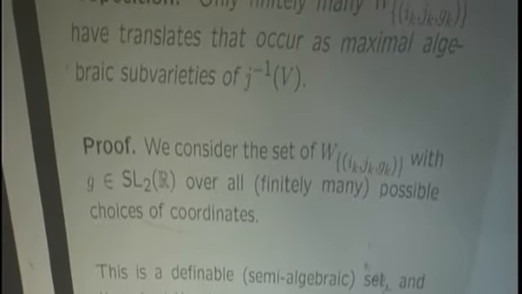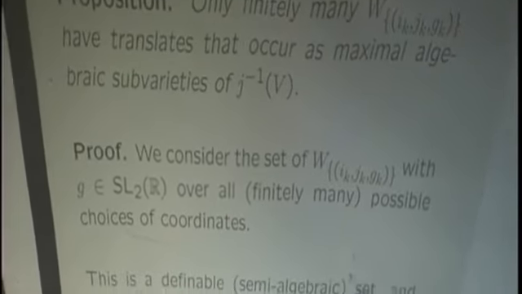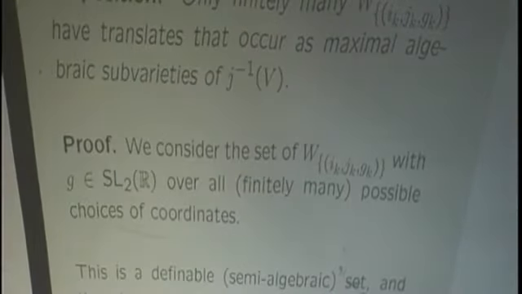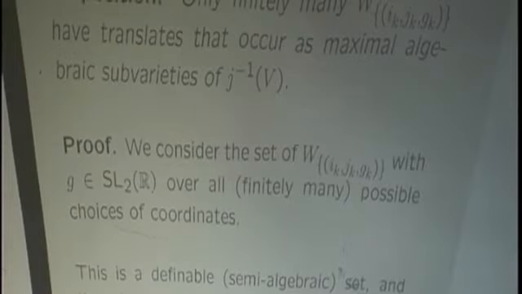So now we need a finiteness statement: that only finitely many of these W's, with relations on some of the variables, have a translate that occurs as a maximal algebraic subvariety in the preimage. And here, it's again a proof using O-minimality.